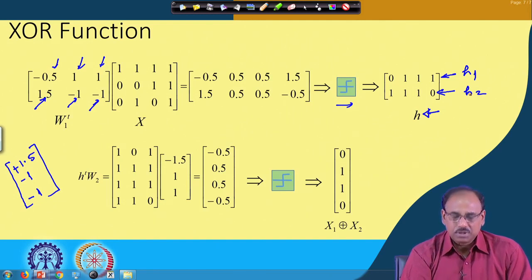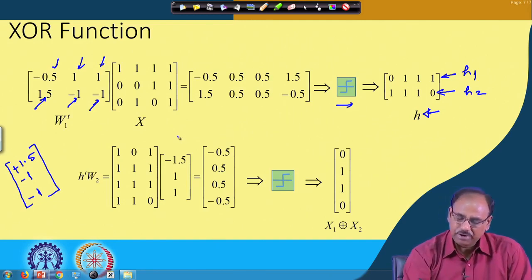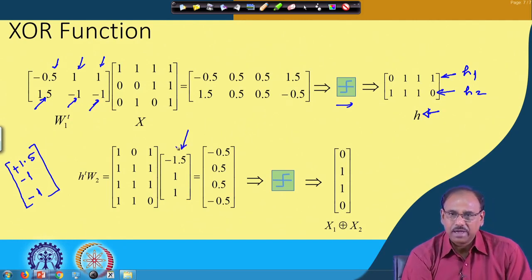So, for my final output, if I put another weight vector, now you find that this weight vector corresponds to an AND operation, that is -1.5, 1 and 1.